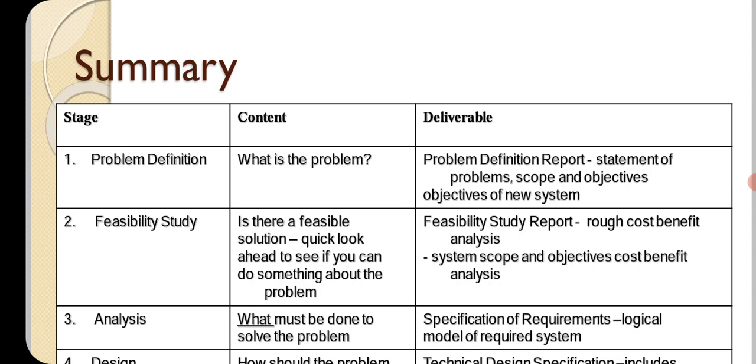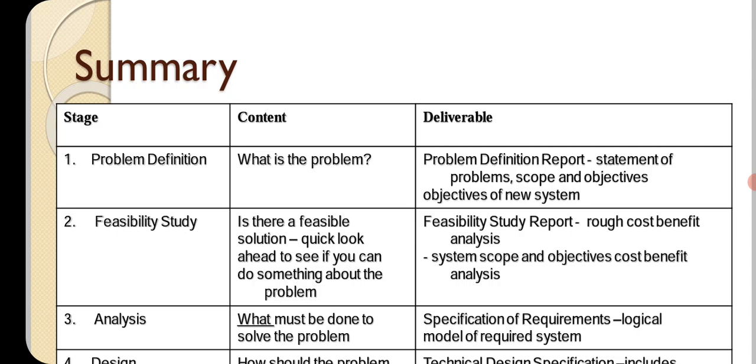So this is the problem definition phase. Mainly the content of the problem definition is what the problem is, what the existing running manual problem is. Second is what is to be delivered, meaning the problem definition report, statement of problems, various problems of the existing system, scope and objectives of the new system.